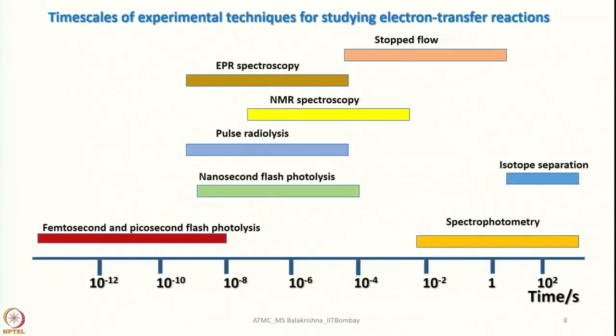So, now let us look into the different techniques that we have at our disposal to study electron transfer processes, to determine the rate of that particular process. Of course, now we have plenty of spectroscopic and analytical instruments at our disposal. No matter what the rate is and how fast or how slow a reaction happens, we can determine the rate constant.